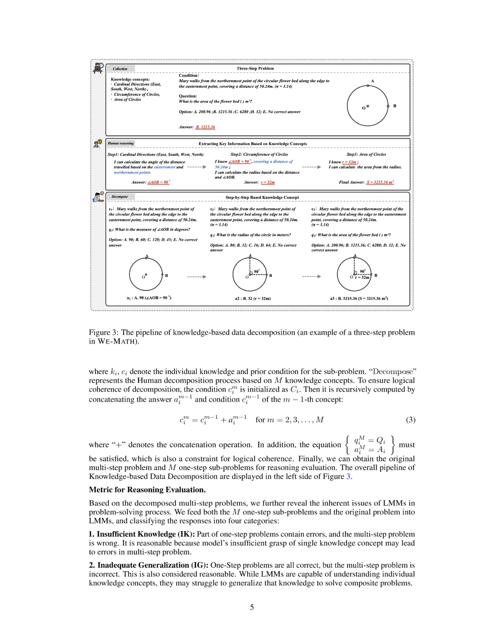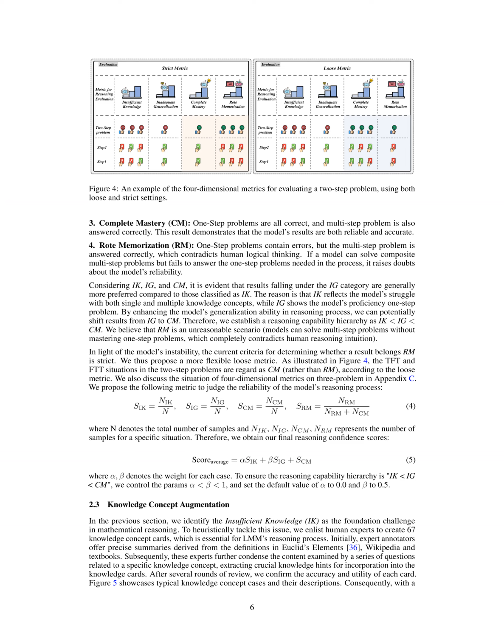Knowledge-based data decomposition. The multi-step problem is recursively decomposed into M1-step subproblems based on knowledge concepts. Each subproblem is formulated as K_I, C_I, where K_I is the individual knowledge concept and C_I is the prior condition for the subproblem.